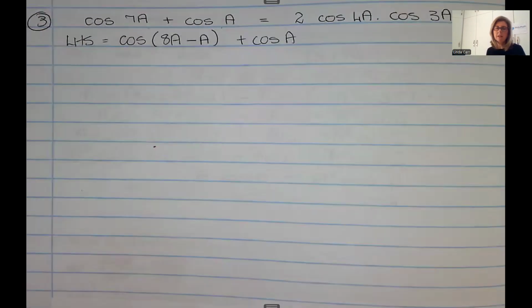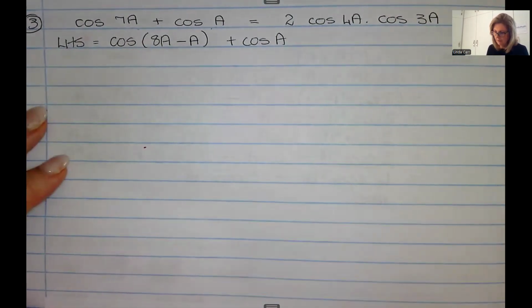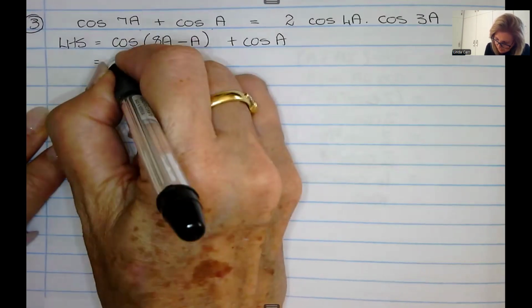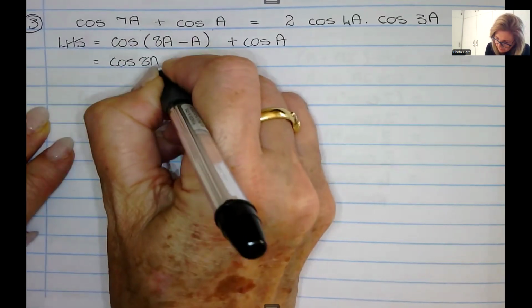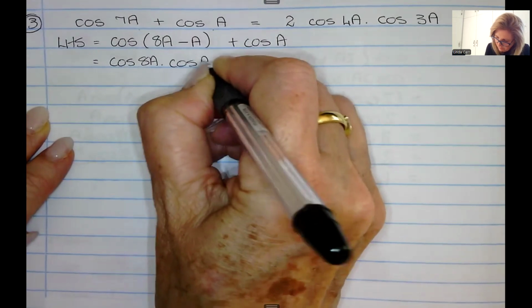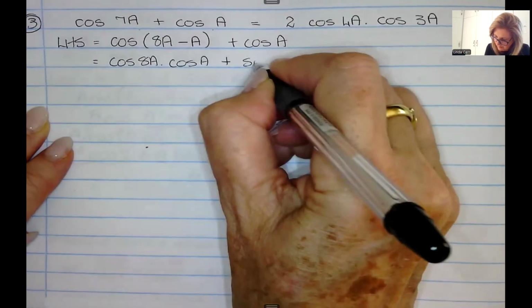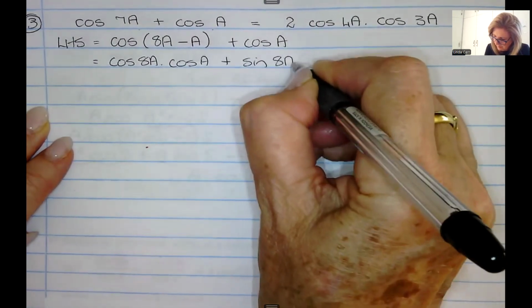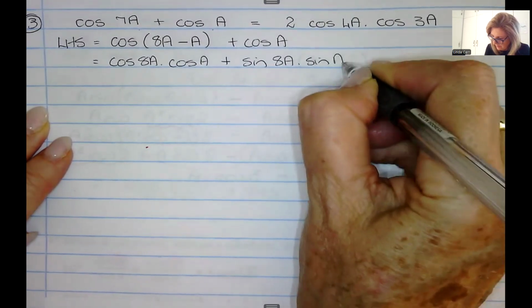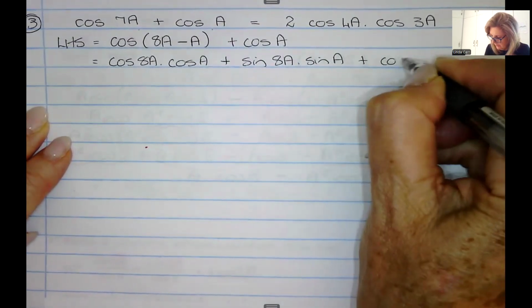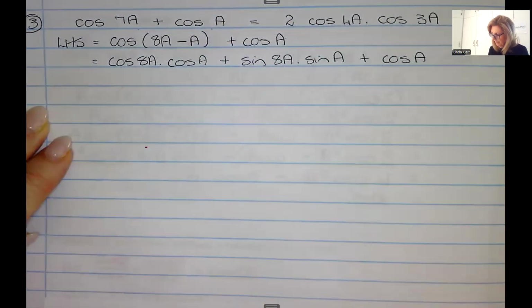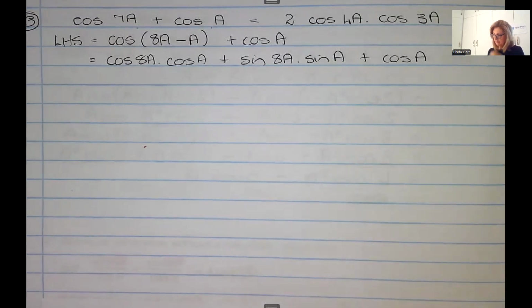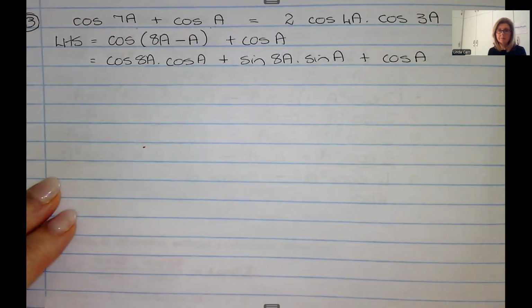And I thought maybe I can do something with it. So this is going to be cos plus sine plus cos a. Okay, so poor little cos a is just hanging around over there.